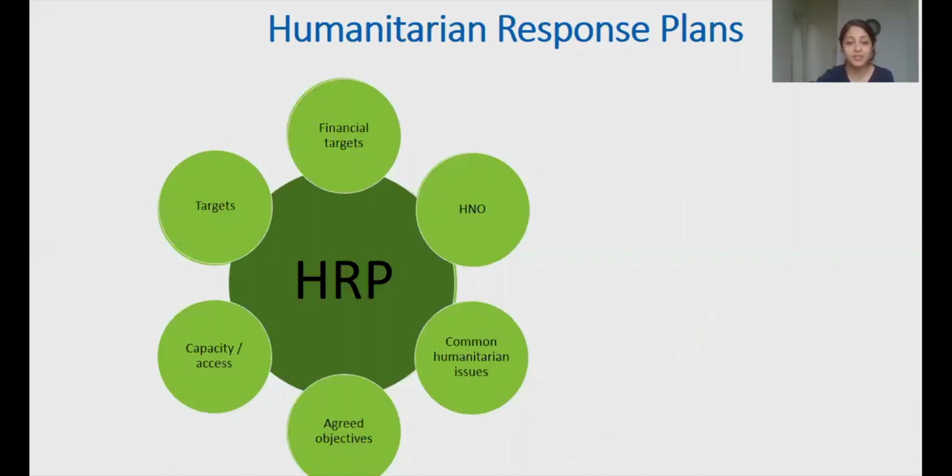Now, the humanitarian response plan is made up of two components. The first is country strategy, and the second are cluster plans. Now, the country strategy provides an overview of the crisis, an overview of the needs related to the emergency. In the country strategy, the humanitarian community articulates clear objectives and priorities.